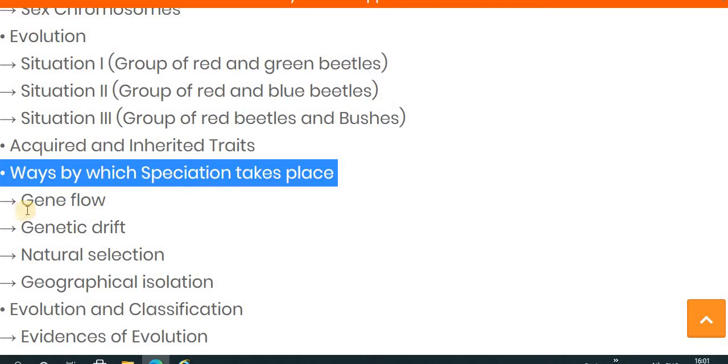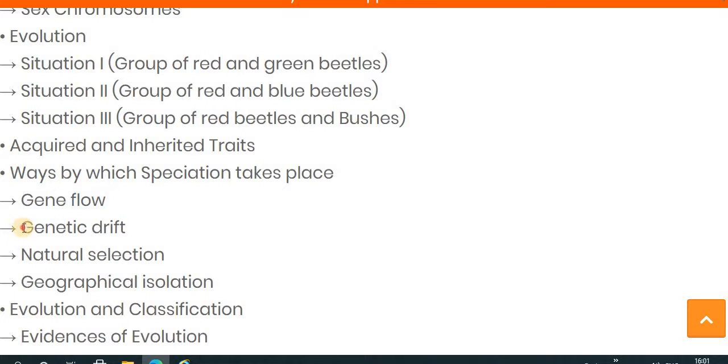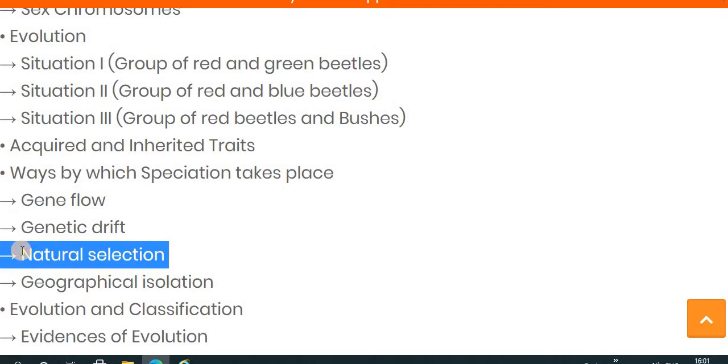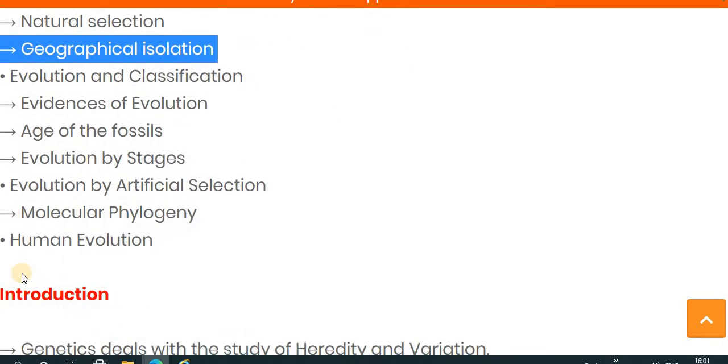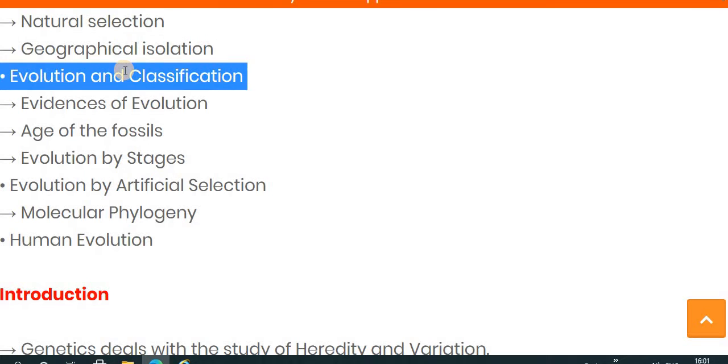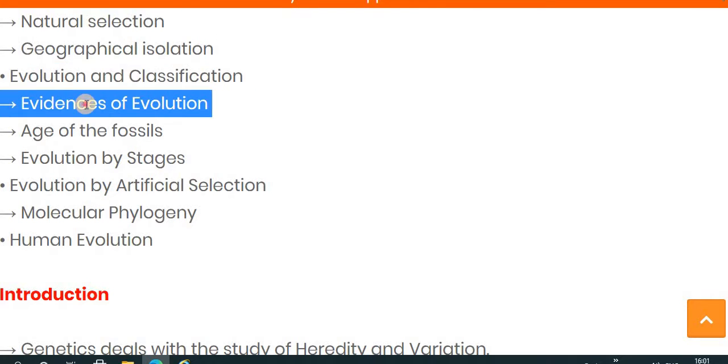In that: gene flow, genetic drift, natural selection and geographical isolation. Those four points we will discuss. Later we will study evolution and classification, what kind of evidence we get which is interrelated to the evolution of species.